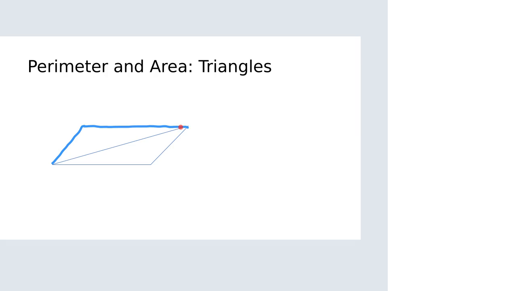And a parallelogram has a formula for area that is base times height. But I don't have the entire parallelogram here. The triangle I started with is just right here. Well, that's half of this parallelogram I created.